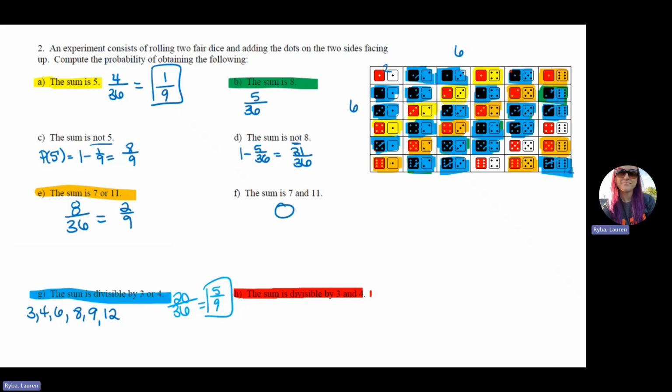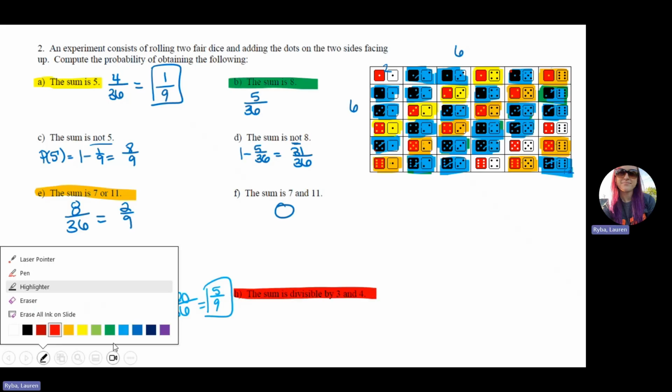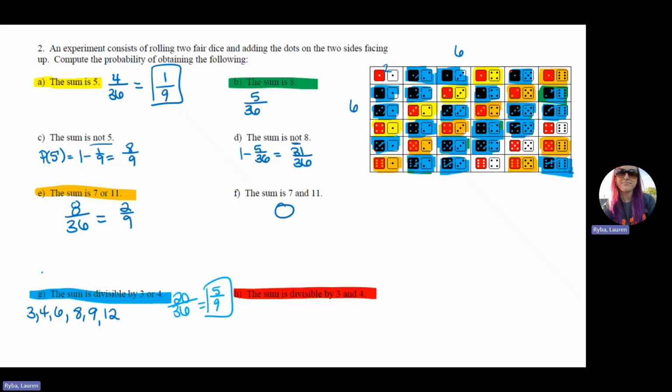All right, the last one says the sum is divisible by 3 and 4. So these are the numbers back here that are divisible by 3 or 4. 3 was divisible by 3, 4 was divisible by 4.